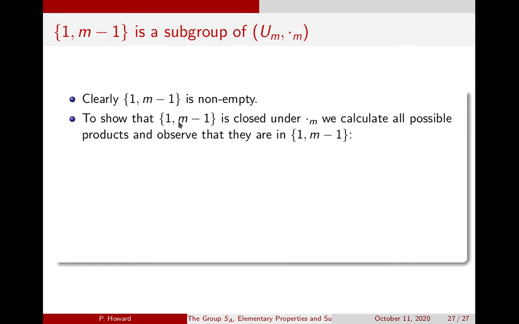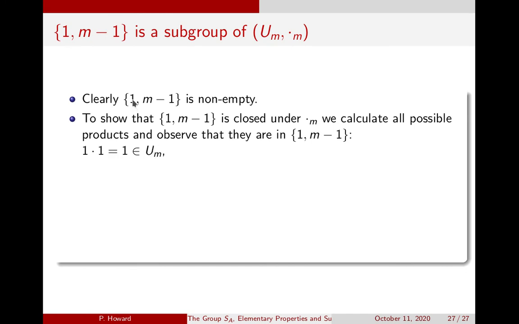And now we need to show that the set is closed under times sub m. And we're going to do this by calculating all possible products of elements from this set and observing that the product of two elements from this set is still in this set. So, for example, 1 times 1 is 1, which is in U sub m.